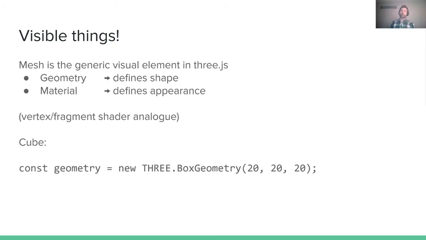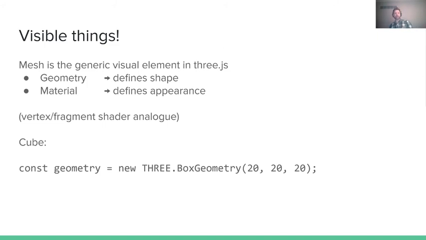We can play around with materials very easily. Again, this is shape and appearance. How are the vertices defined? What texture are we slapping onto this thing, right? So think of it like your vertex shader, your fragment shader, in our straight up WebGL. And basically we should be seeing a lot of analogs here, right? So if here, for instance, I'm going to define a cube.